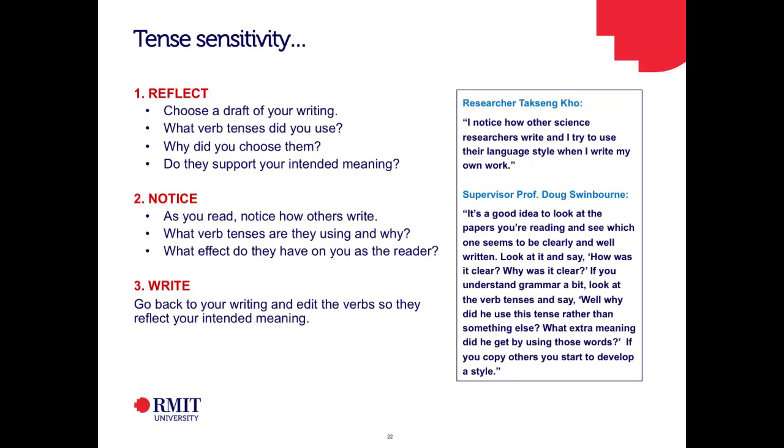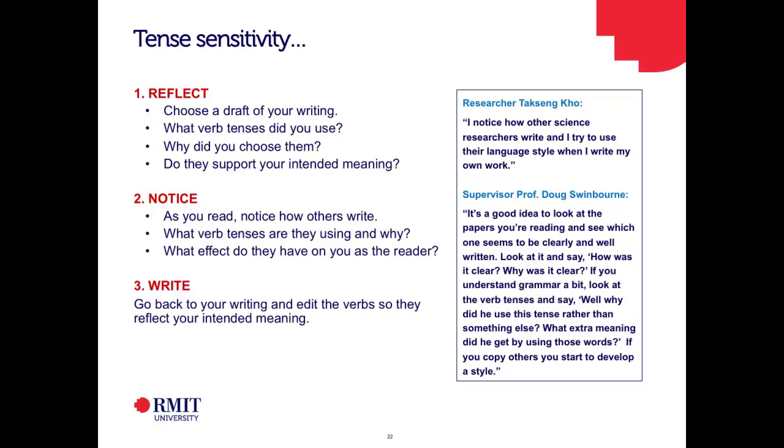In conclusion, we recommend you become sensitive to verb tenses in research articles and theses or dissertations. Underline reporting verbs, present, present perfect, and past tense verbs when you see them. Consider why the writer has chosen these verb tenses instead of others.